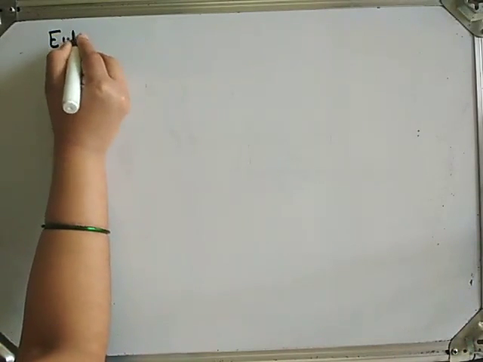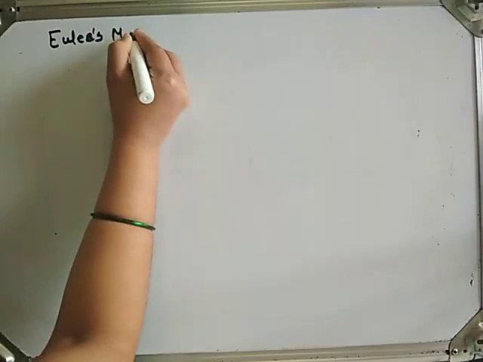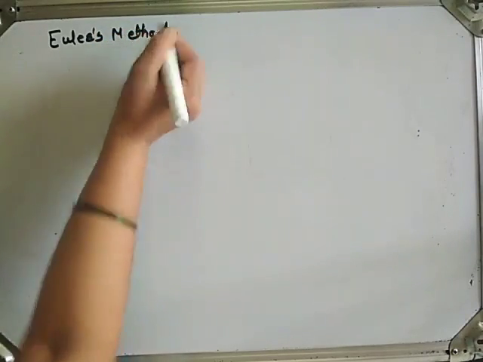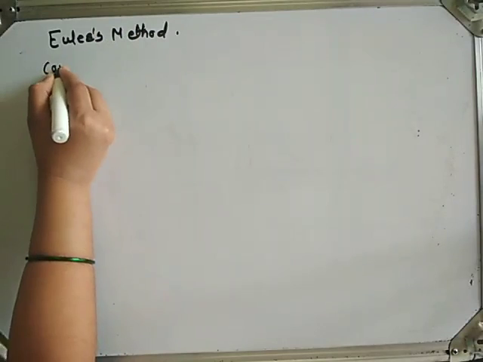Students, in this video we are going to see Euler's method. Consider the differential equation dy by dx is equal to f of x comma y, y of x0 is equal to y0.